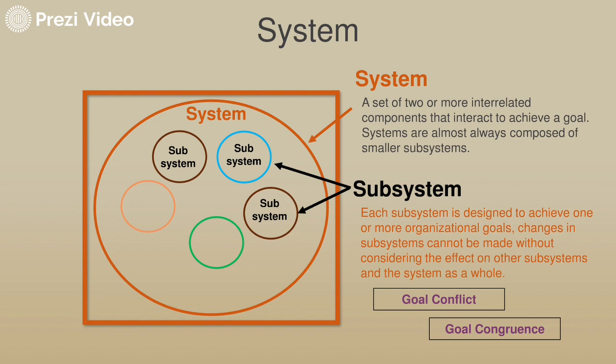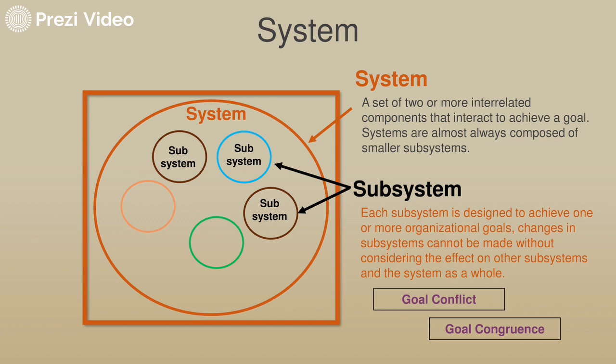For example, UITM as a whole is one big system, and under UITM we have smaller systems, subsystems, for example faculties. We have different faculties, different offices.